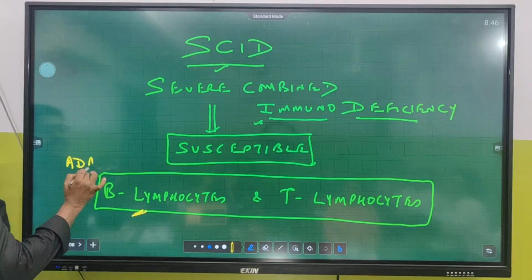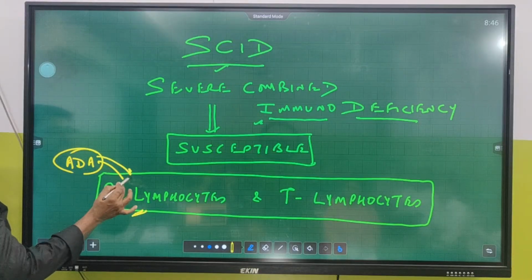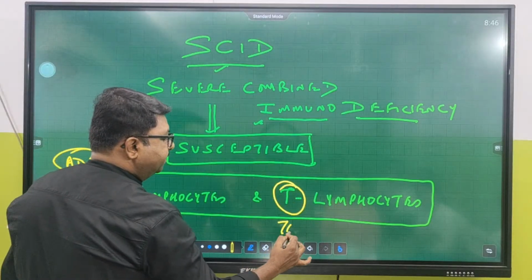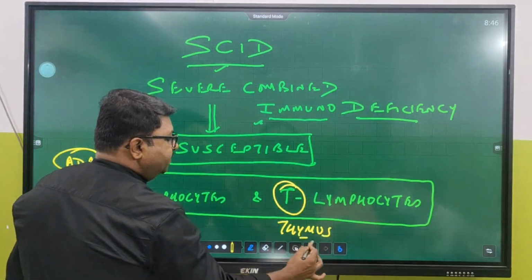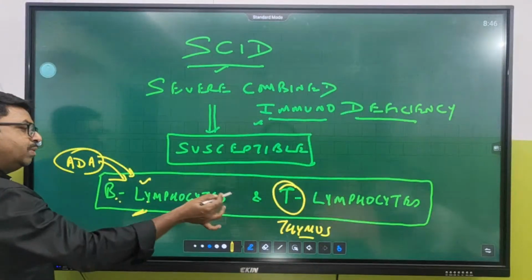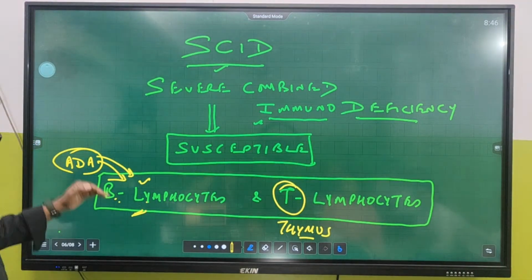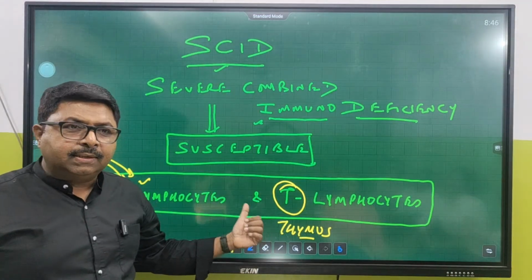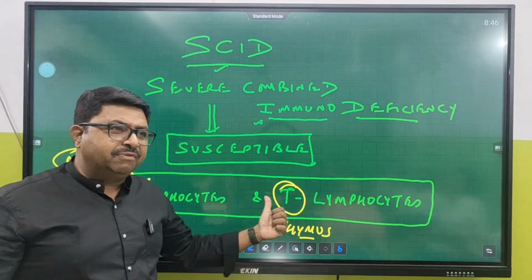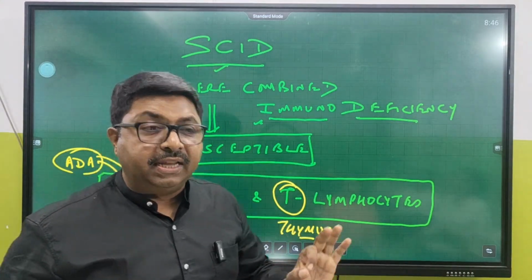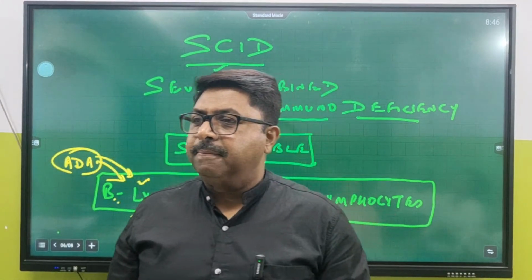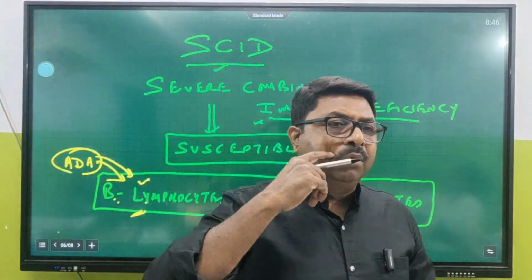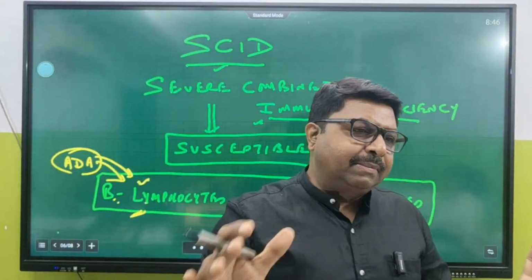So the ADA gene basically helps the B lymphocytes produced from the bone marrow and the T lymphocytes produced from the thymus gland, you know that. The presence of this ADA gene can make these two effective. If there is less of the ADA gene, then definitely the enzyme is going to be less, and these lymphocyte cells are going to perform less. If the soldiers perform less, your body is going to become vulnerable towards attack by different types of pathogens.